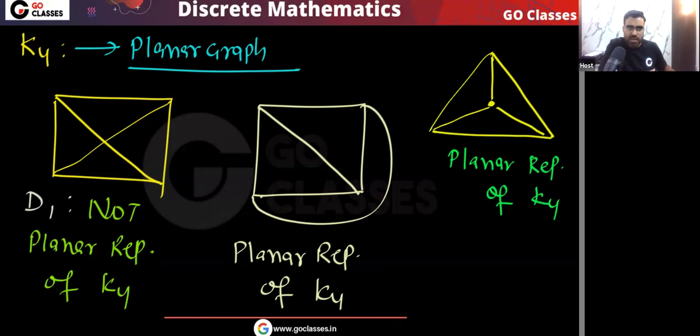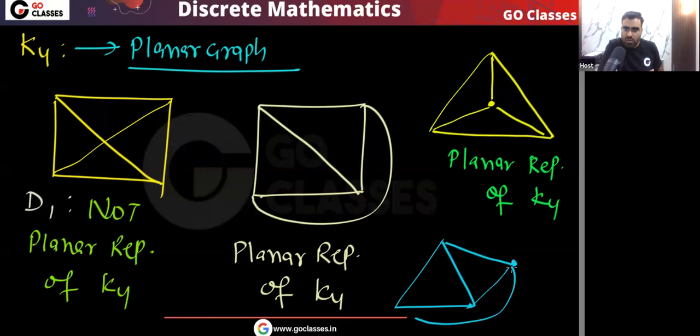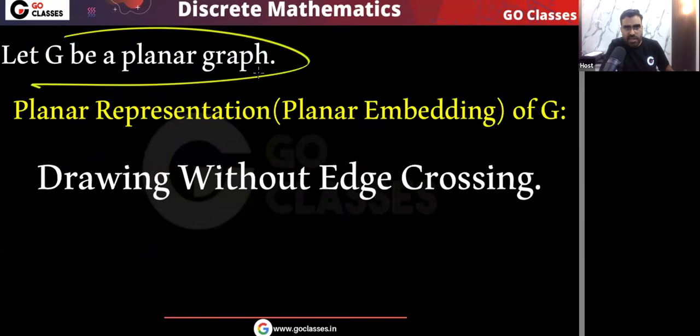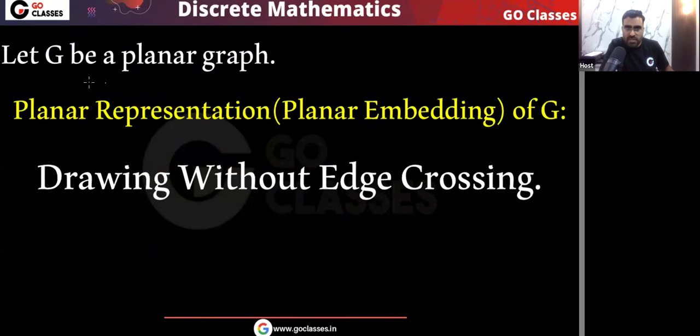Can you give me another planar representation of K4? Yes, of course. For example, consider this. You have this triangle, and then let me put a vertex here. Like this. You can easily see this is also a planar representation of K4. I hope you understood. Very simple, just read the definition. If G is any planar graph, you can draw this graph without edge crossing on the 2D paper.